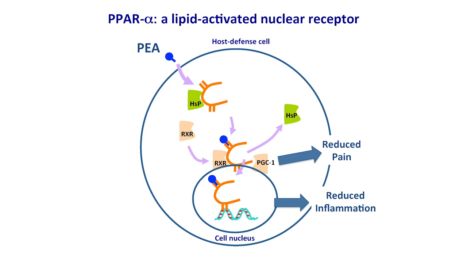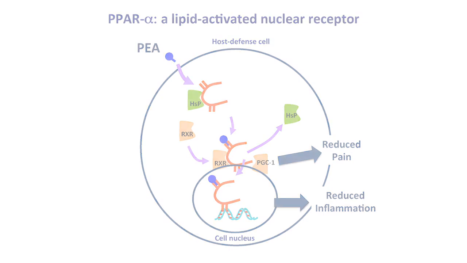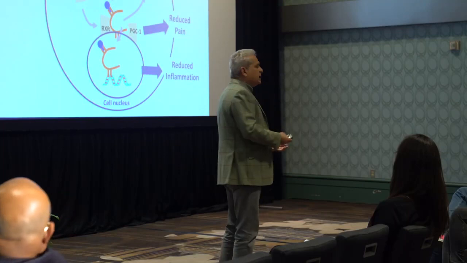In fact, it causes reduced inflammation. Also, through a mechanism that is probably not completely understood yet, but probably does not involve the expression of proteins, it also reduces pain. So this is the overall way PPAR alpha works at the cellular level.